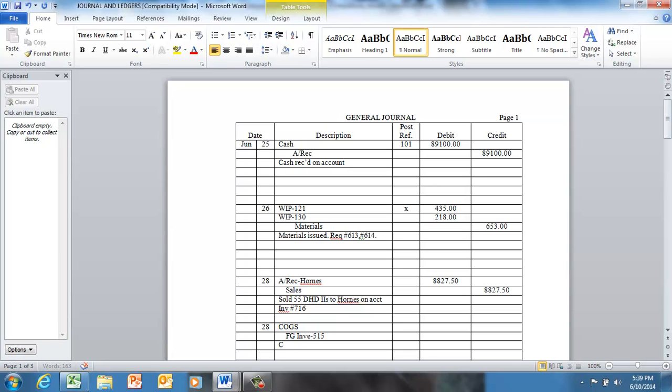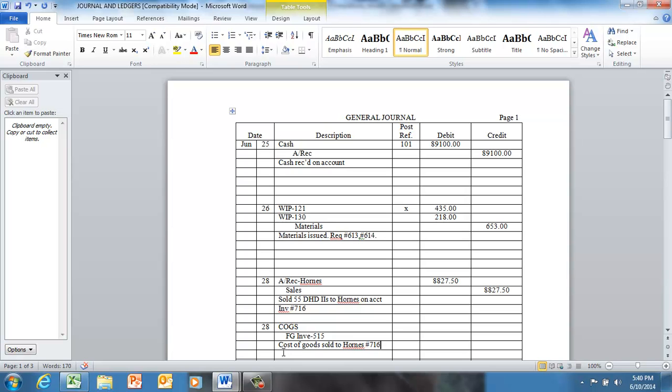And our explanation, cost of goods sold to Horns, number 716.